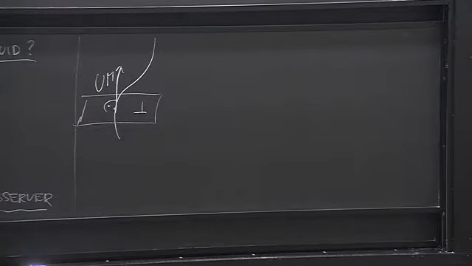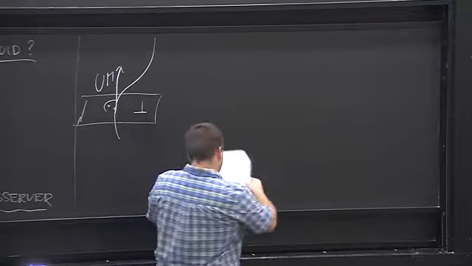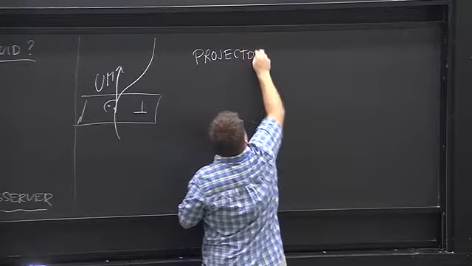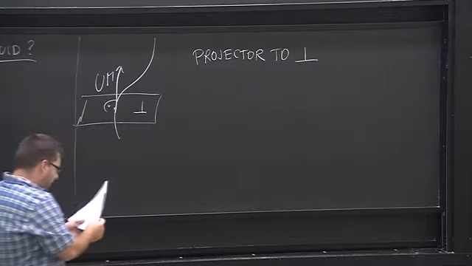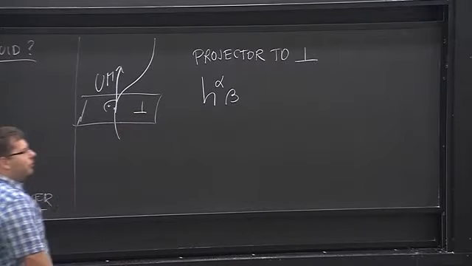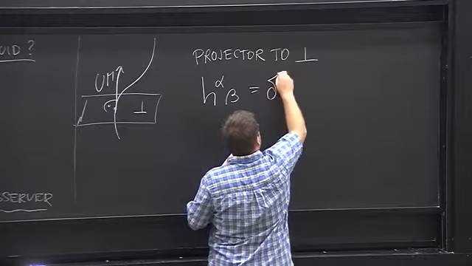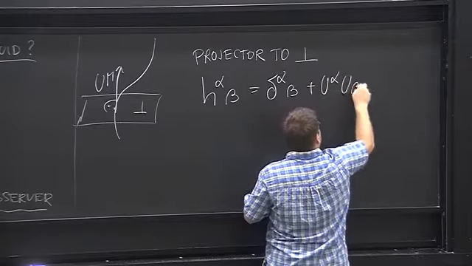So now, interestingly, if you have this 4 velocity u mu, you can always find a projector which projects any tensor into the space which is perpendicular to my 4 velocity at every point. So there's a projector to my perpendicular space, and the statement is that this projector is simply a matrix H alpha beta, and this is given by delta alpha beta plus u alpha u beta.